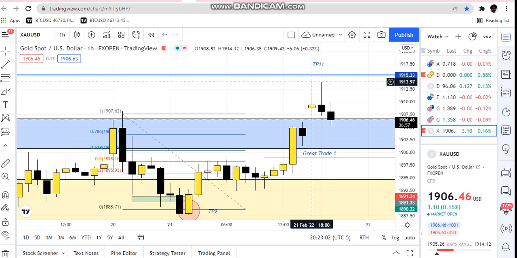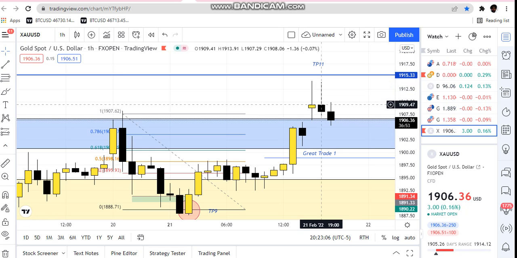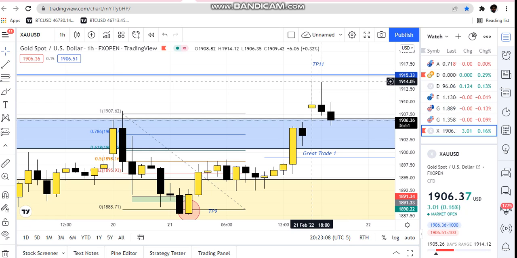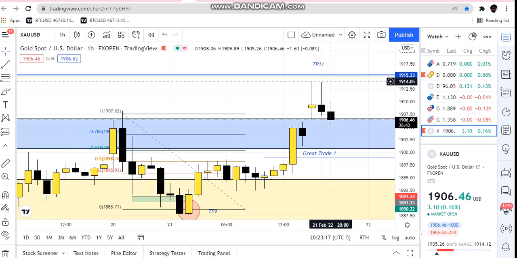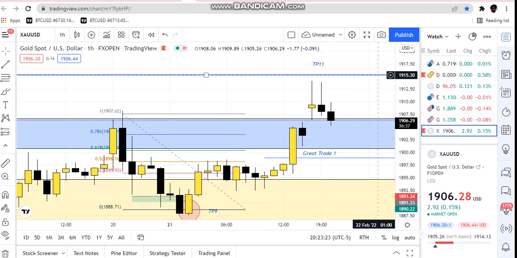As buyers try to push price up the first time, sellers came back and pushed price back down from 1914 all the way back down to 1909. The same thing here the next hour. Buyers try to push price back up to 1914, and sellers push price back down to 1909. This is a tweezer top pattern.